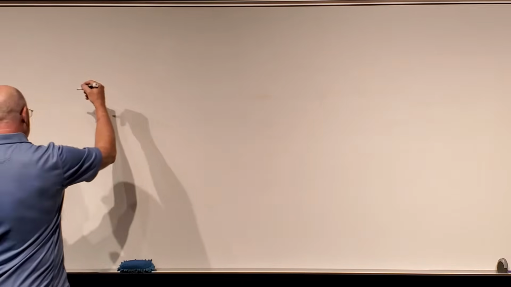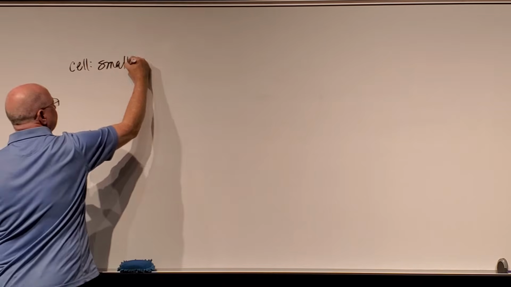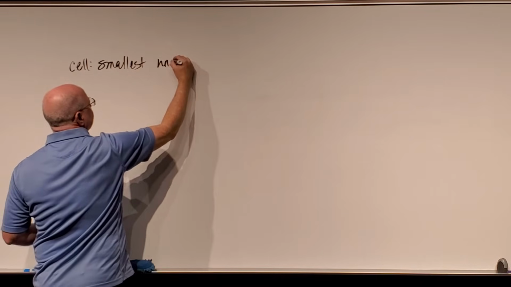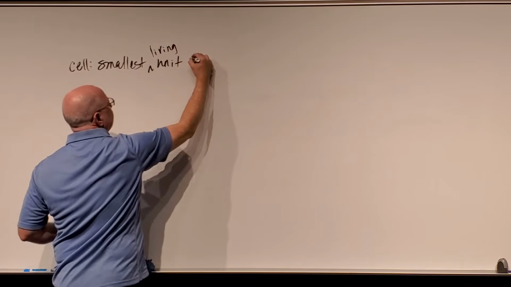So when we talk about a cell, one of the things we need to know is that a cell is the smallest unit, or we should say the smallest living unit of an organism.